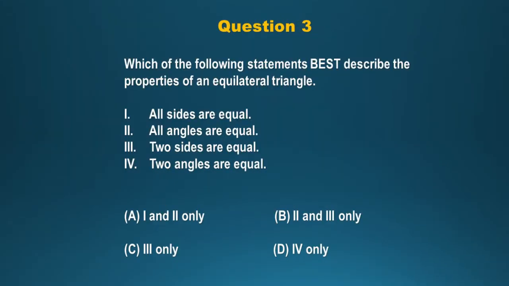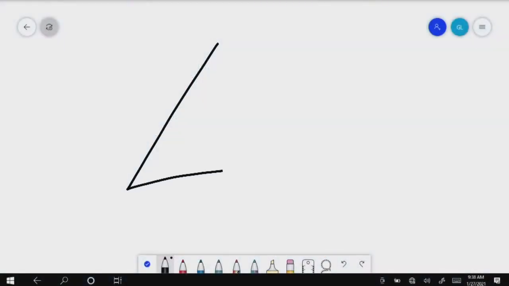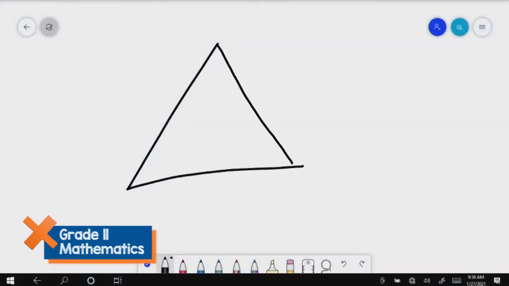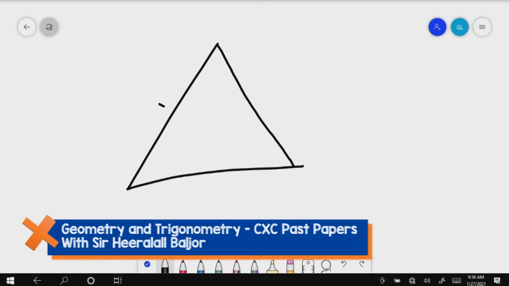Interesting question. Which of the following statements best describe the properties of an equilateral triangle? There we have 4 options. In geometry, we remember the types of triangles, and when we mention an equilateral triangle, there are certain properties we know.